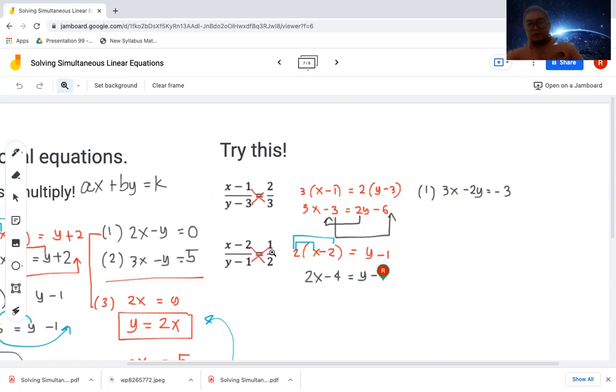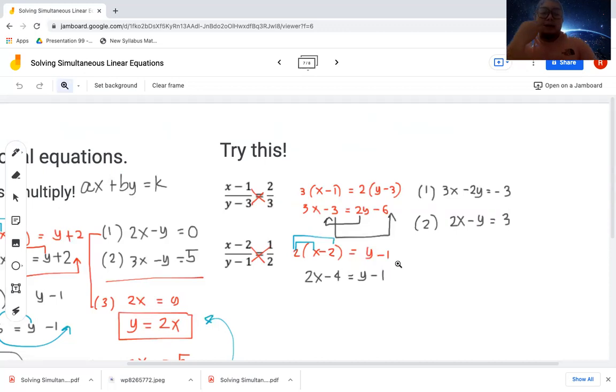From here, you are now going to rewrite this as equation number 2. If we move this here, this will give us 2x minus y is equivalent now to, this one will go here. You will see that this is going to give us 3, because negative 1 plus 4 is equivalent to 3.